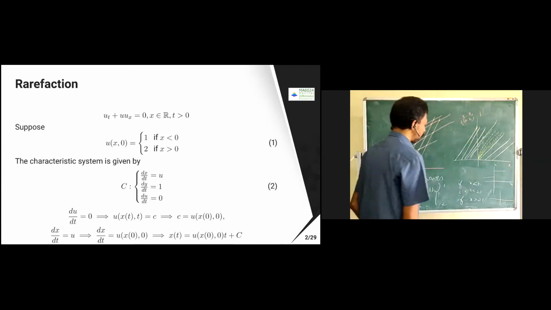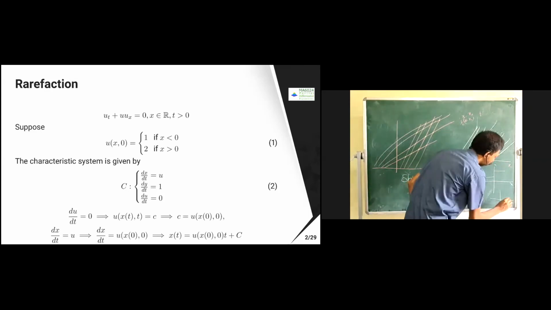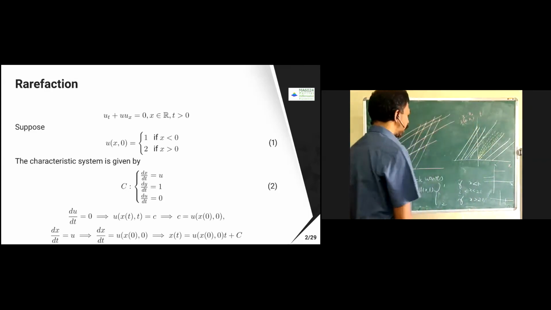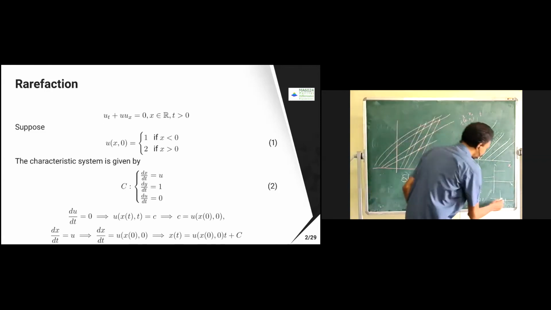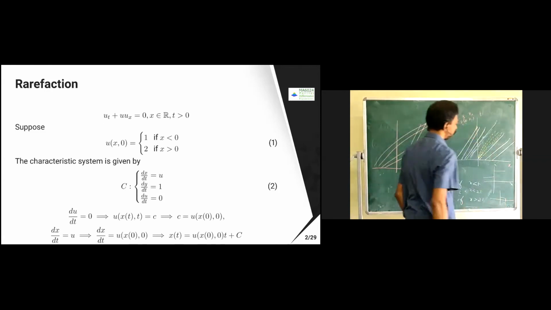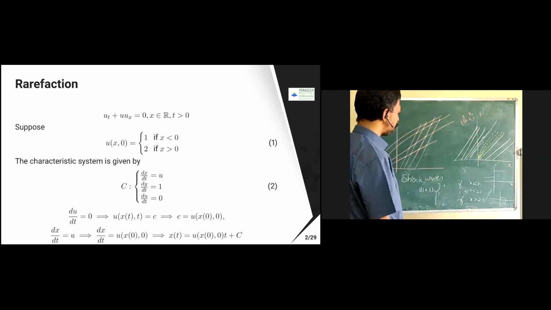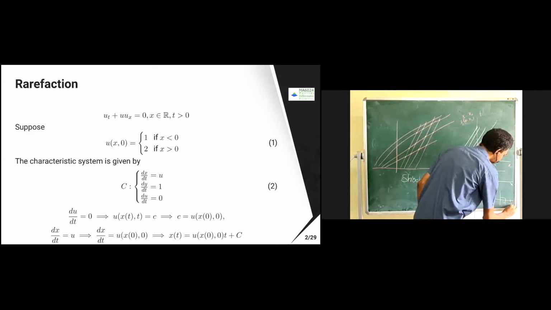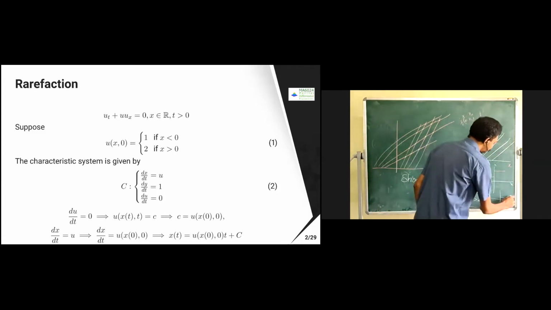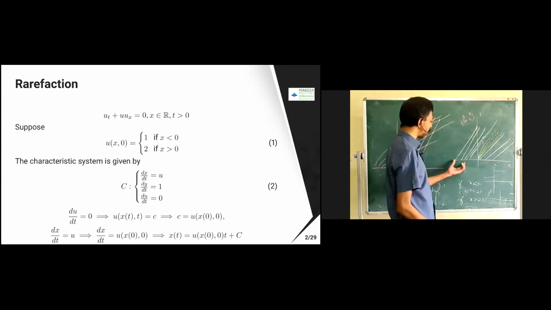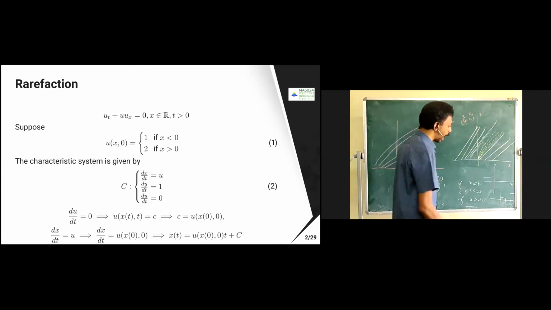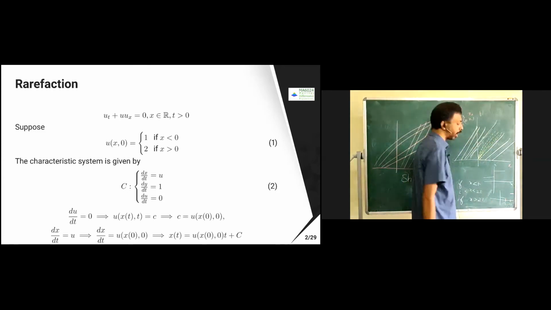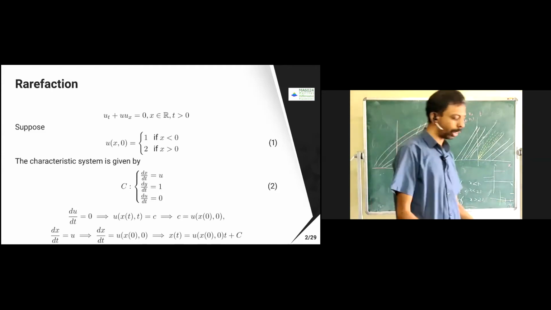When x is less than t, I'm going to get this 1. When x is greater than 2t, there will be something called 2t here, and at 2t I'm going to get something like this. Always there will be a gap, we said that, right? That gap is t comma 2t.